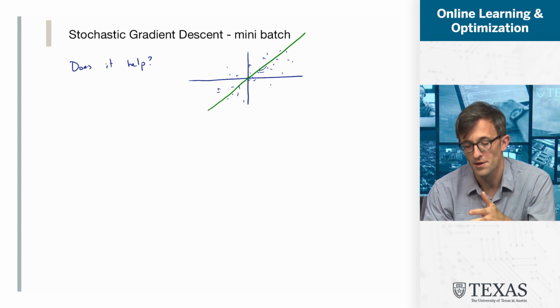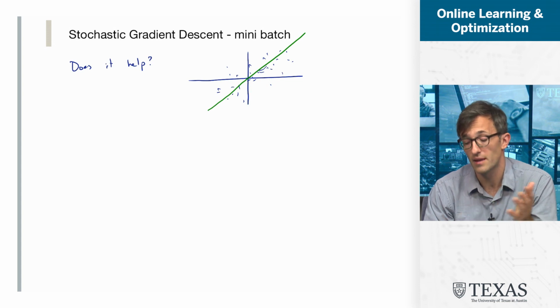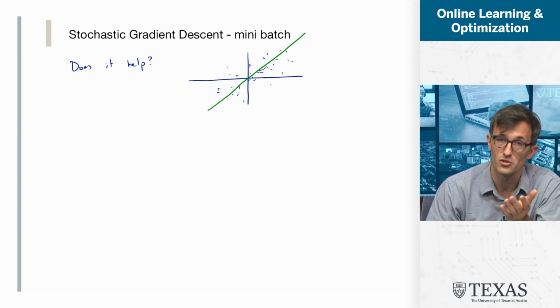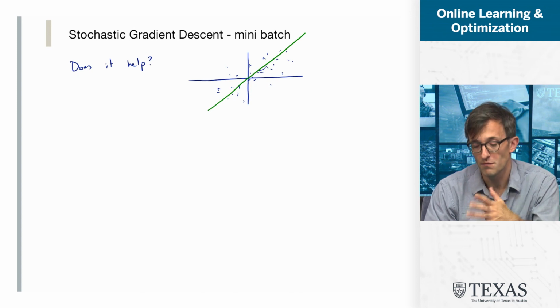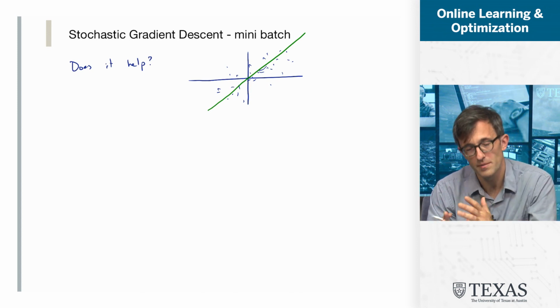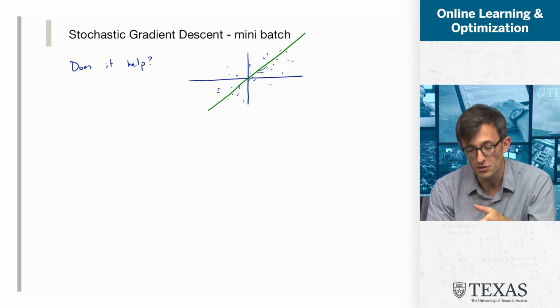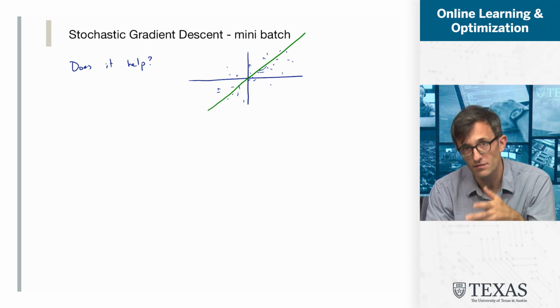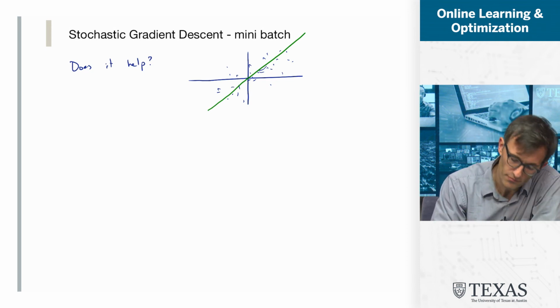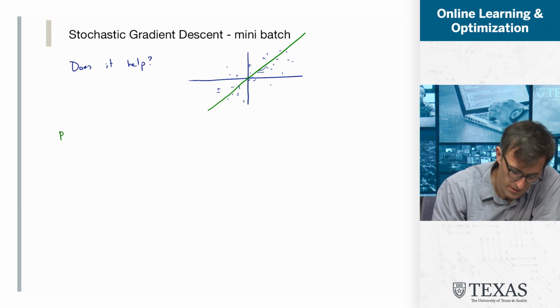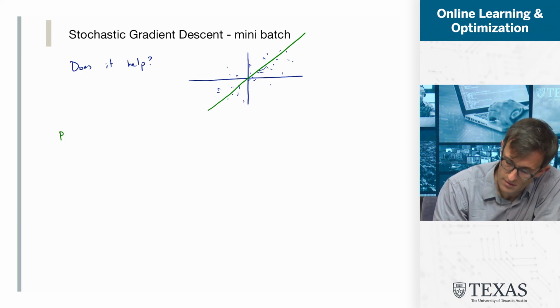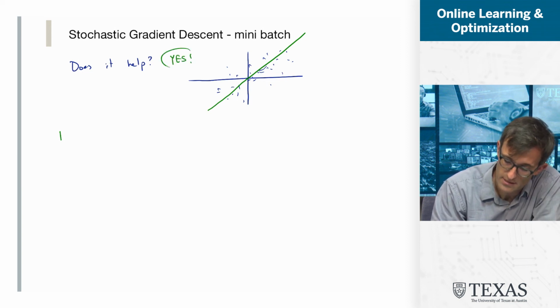If we're at the optimal solution and the points are symmetric as I've drawn them, then it's extremely unlikely that you would draw some number of points and that they'd be heavily imbalanced, all telling you to change your line in one direction. They won't be exactly balanced; that would only happen if my mini batch was size n, was everything. Still, you can see from this picture that we've significantly reduced the variance. So the short answer is, it does. It's going to reduce our variance.